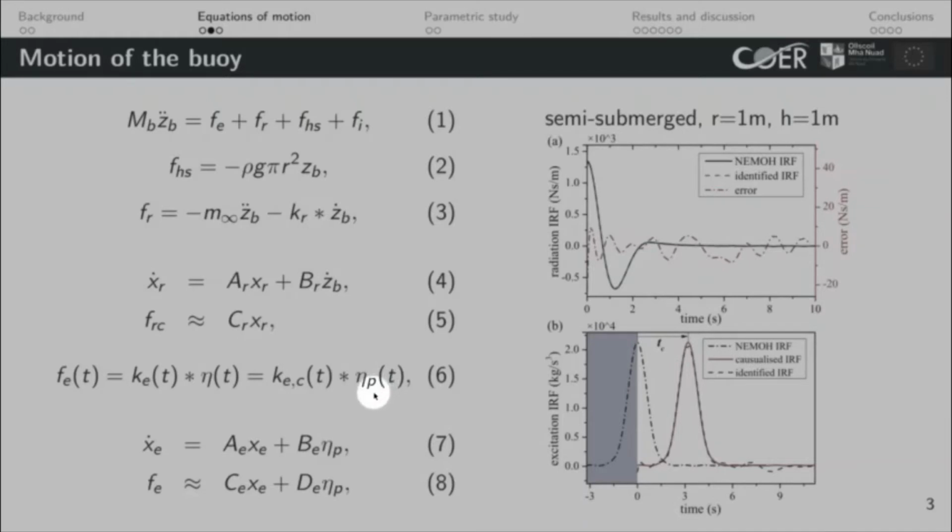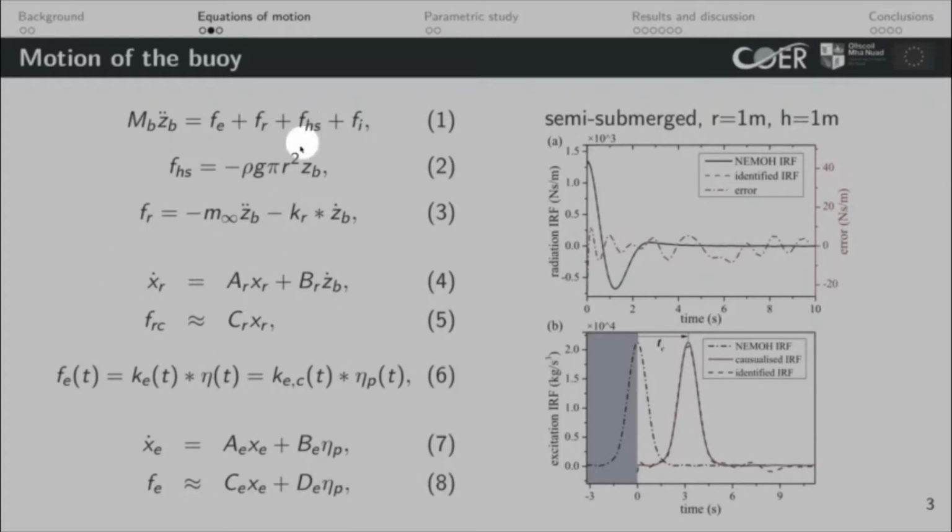Wave prediction is required because the wave excitation process is non-causal, so we have to use wave prediction to overcome this non-causal problem. The radiation force is causal, so it can be simply approximated by a state space model.